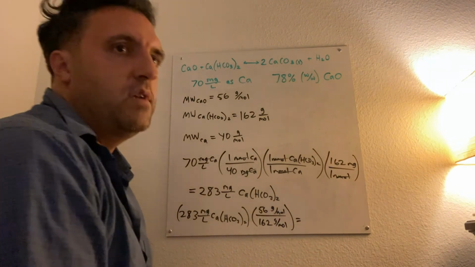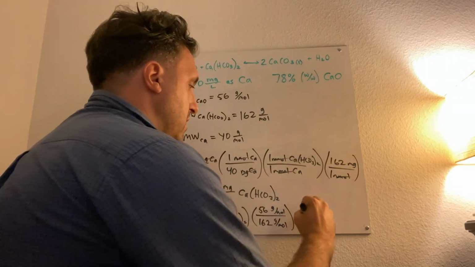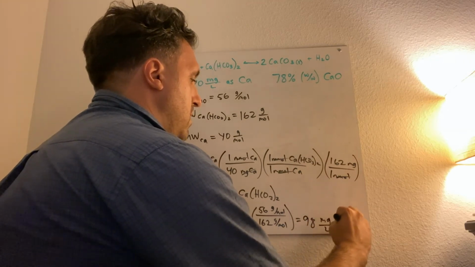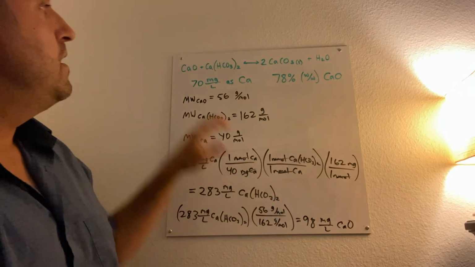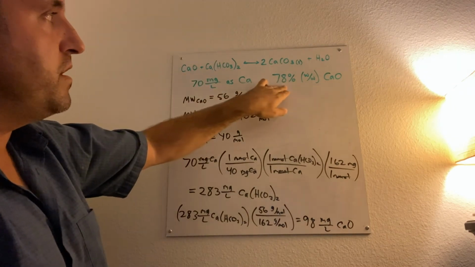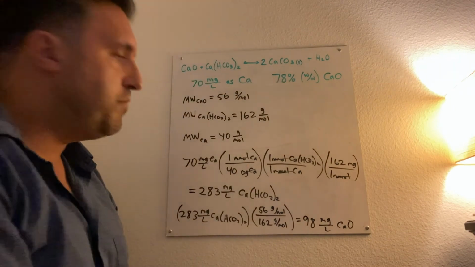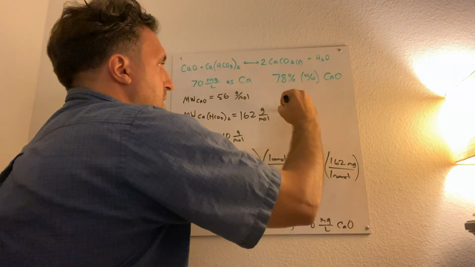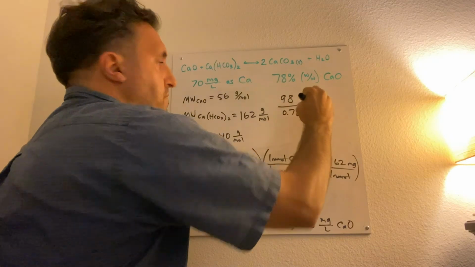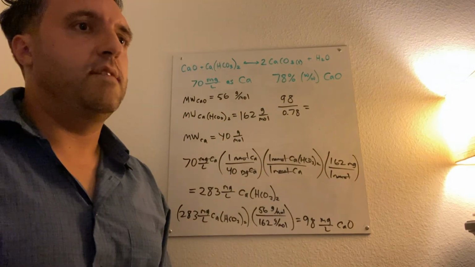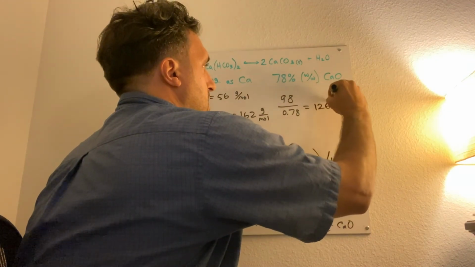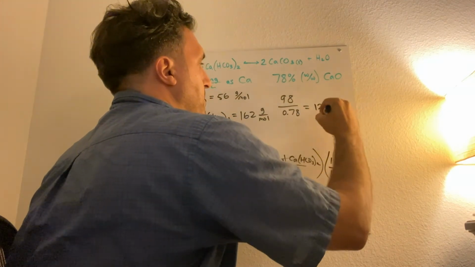And that's equal to 98 milligrams per liter of lime. Last step is that we know the purity of our solution is only 78%. So take that 98 divided by 0.78, and that gives us a value of 126 milligrams per liter.